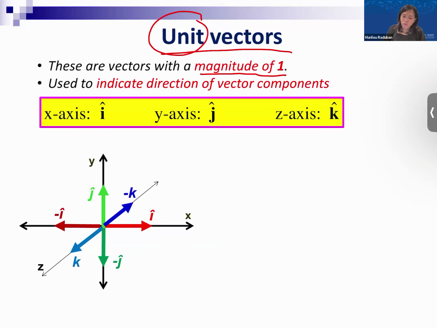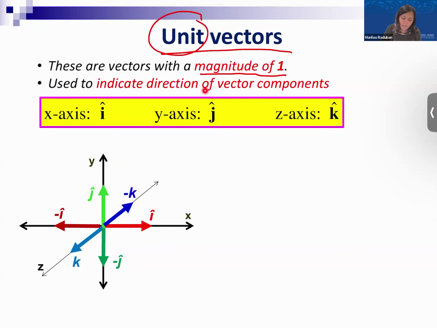Because the magnitude of unit vectors is 1, it doesn't really affect the size or the magnitude of the actual vector itself, but we use them to indicate the direction. So this diagram shows us that the vectors along the x-axis will use the unit vector i hat. Okay. If the vector is pointing to the right, then of course that's a positive i hat. Pointing to the left will be a negative i hat.